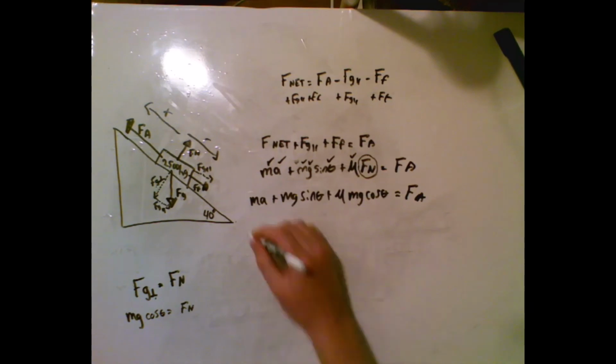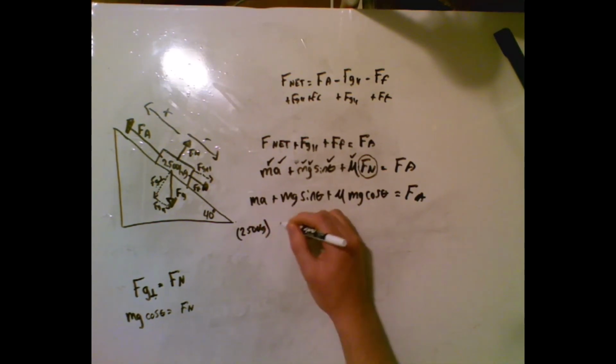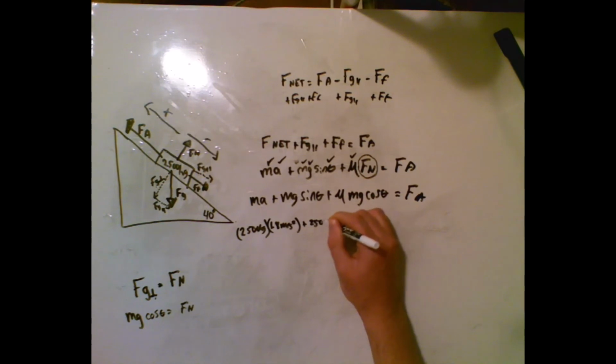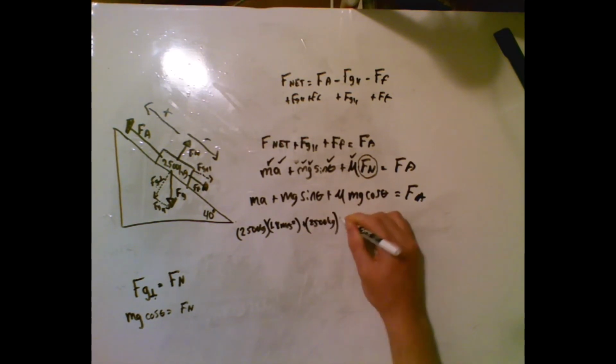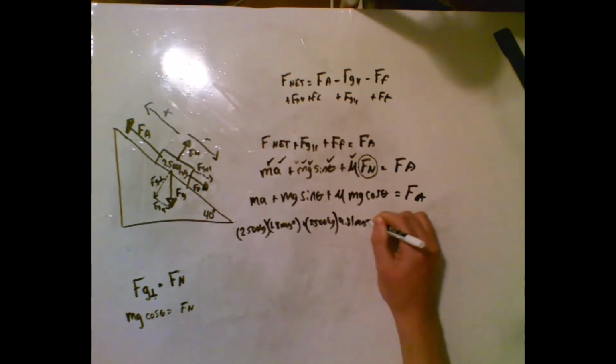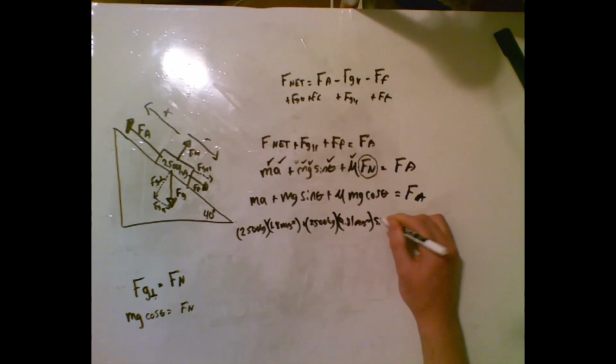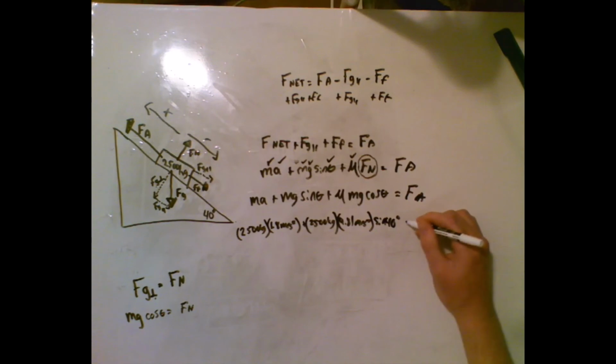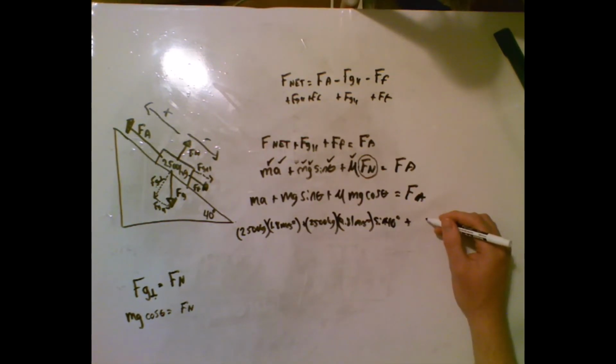So my mass of my truck is 2,500 kilograms. My acceleration is 1.8 meters per second squared. My mass is 2,500 kilograms. My g is 9.81. And then sine of our angle, which is 40 degrees. And then we're going to add on our coefficient of friction, which is 0.8.